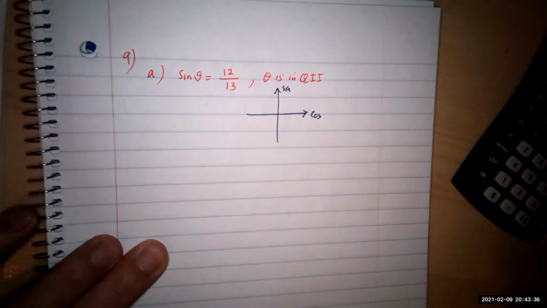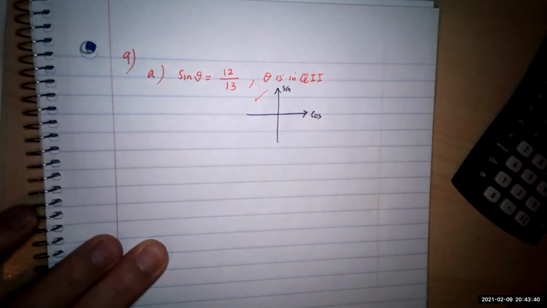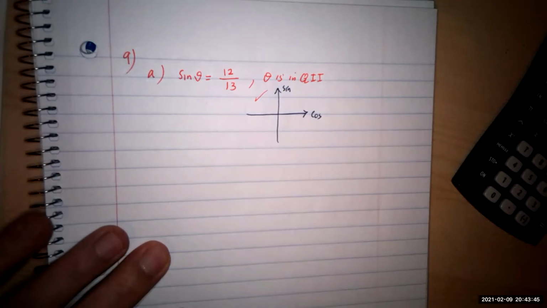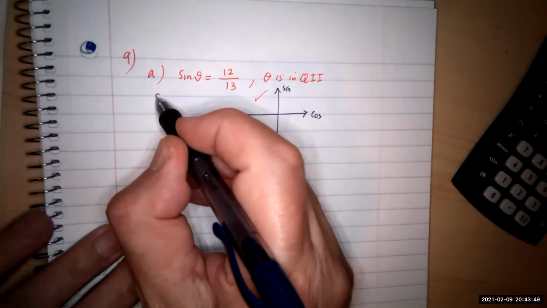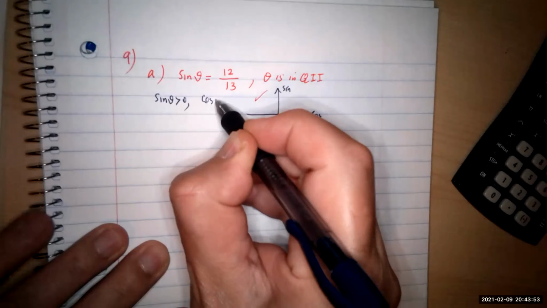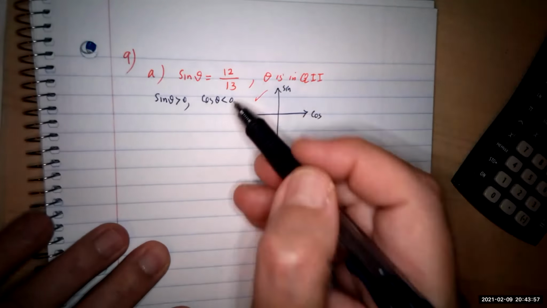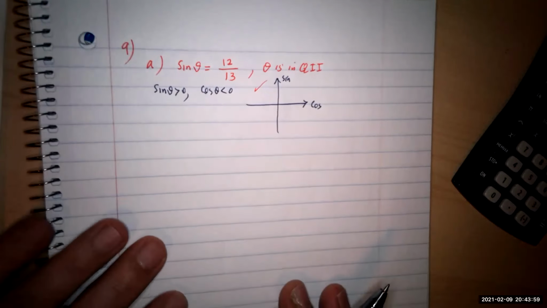So we are here. The sine is positive, already given. Cosine is negative, and the tangent is negative. You just need these two.